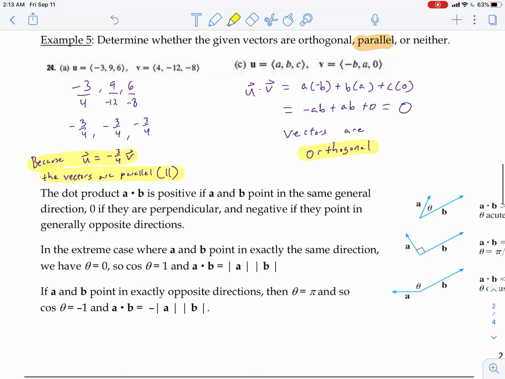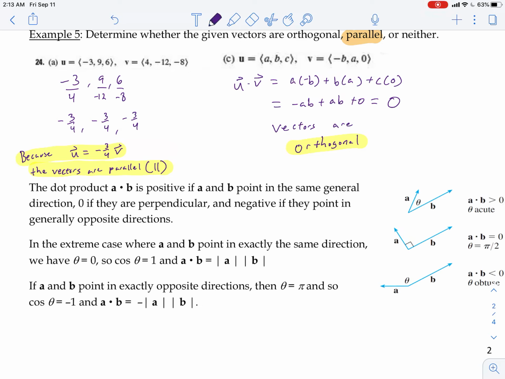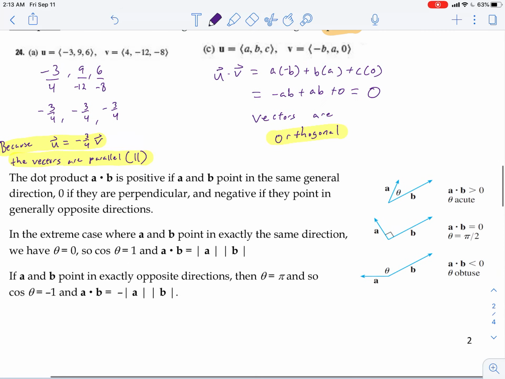All right. Now, to tell how the angle is going to appear, if we do the dot product and the dot product is positive, that will tell us that vector A and vector B are going to point in the same direction.